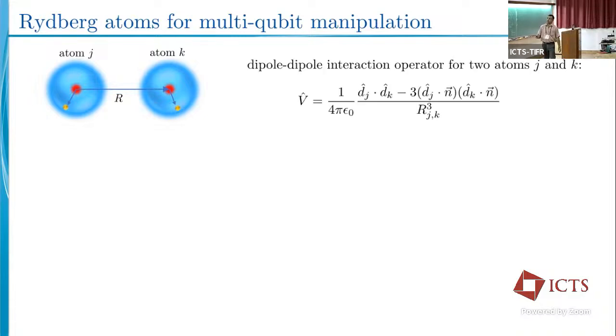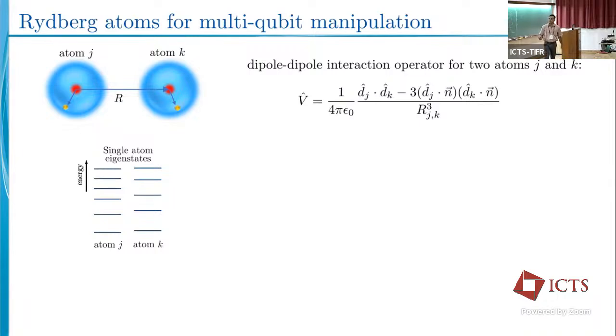This dipole-dipole interaction term you must have seen already in Griffiths' Electrodynamics. Here D_j is the dipole operator of the jth atom, D_k of the kth atom, n shows the direction, and R is the separation.